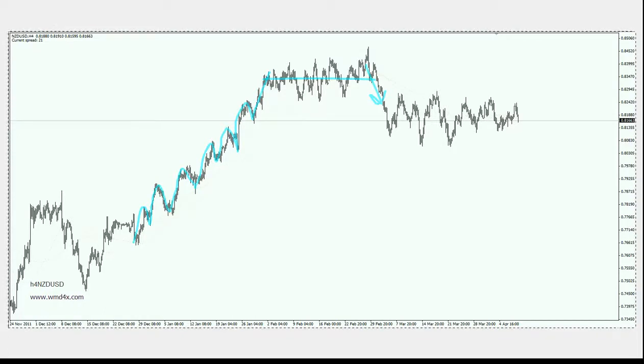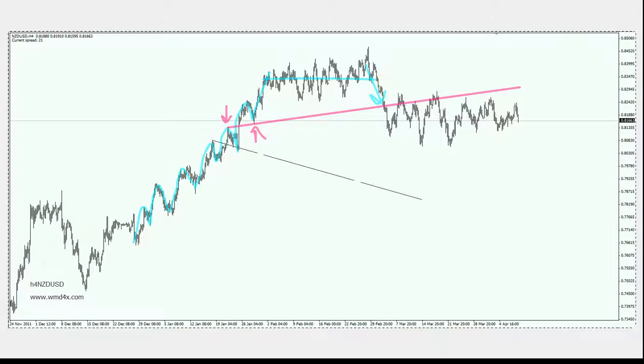I would draw a line between support and resistance here, and here, and here.